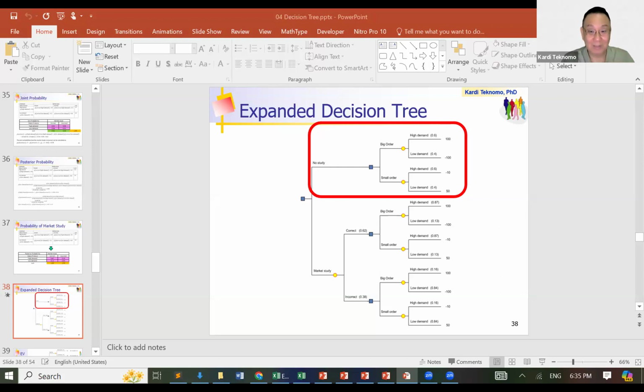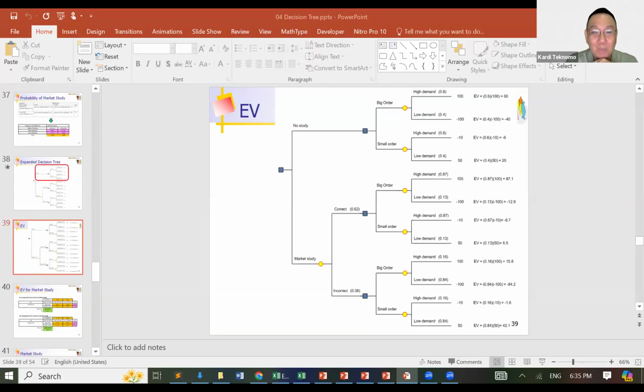Okay. So this is how we computed a while ago. Basically this is the one that you need to get. Once you get this, you compute one by one, so you get the EV for each leaf node.